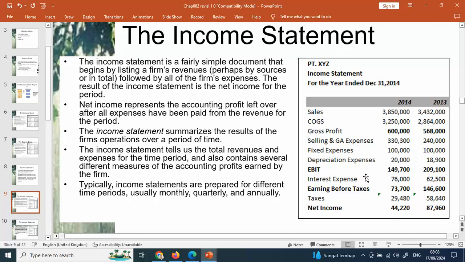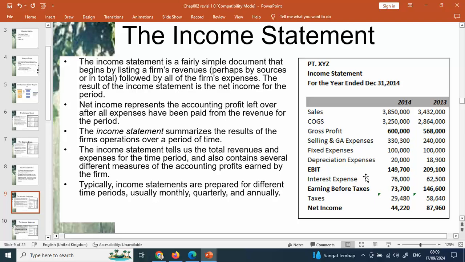The income statement is a fairly simple document that begins by listing a firm's revenue, sales, perhaps by source or in total, followed by all the firm's expenses: cost of goods sold, selling, fixed, depreciation, earnings, and interest expense, and you get net income.